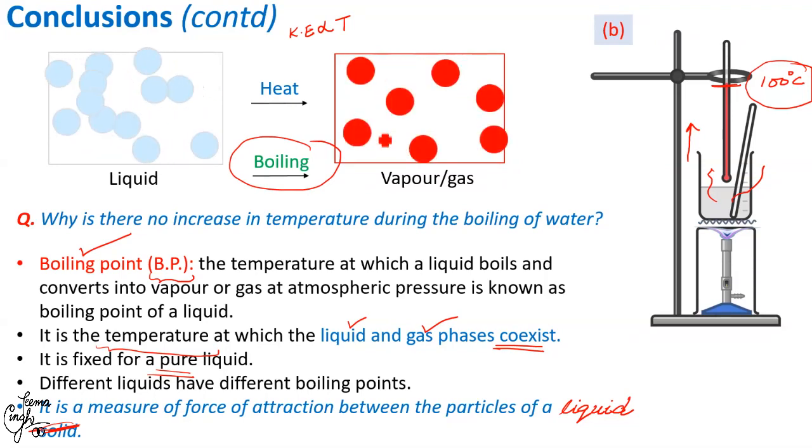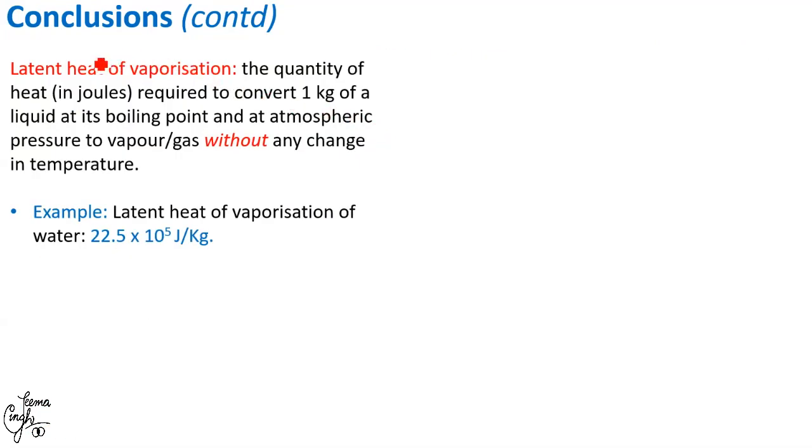This heat energy is known as latent heat of vaporization and is defined in a similar manner to latent heat of fusion. It is the quantity of heat in joules required to convert 1 kg of a liquid at its boiling point and at atmospheric pressure to gas or vapor without any change in temperature.